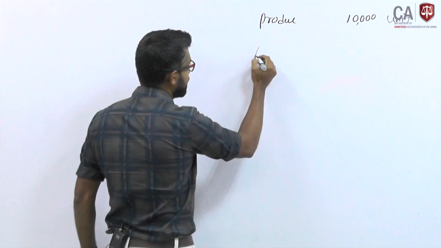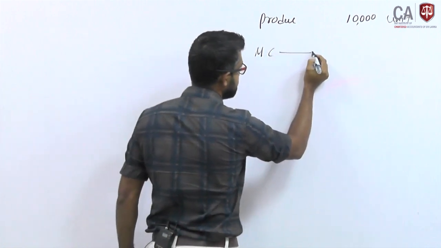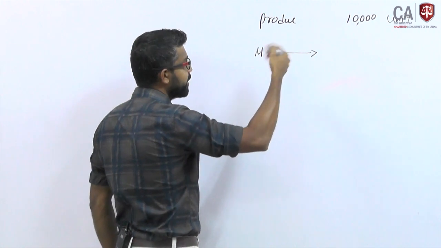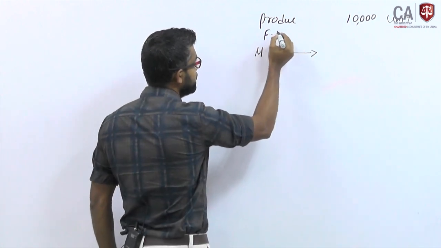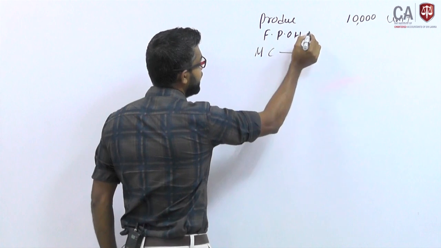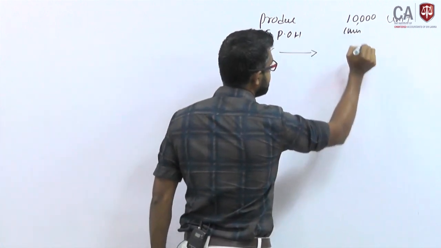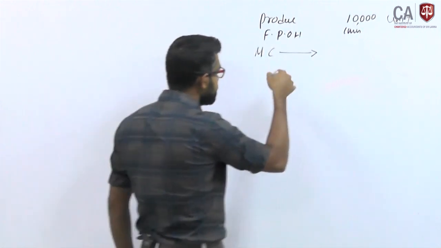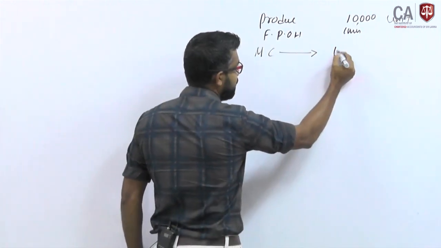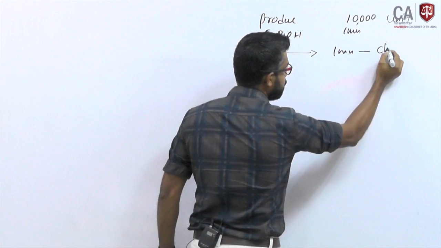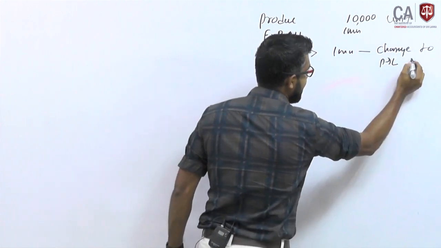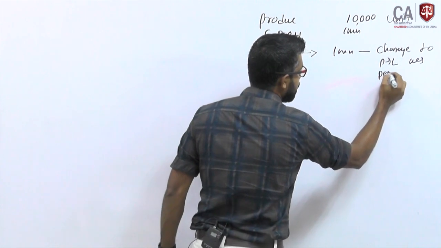In marginal costing, let us say during this period the fixed production cost overhead is 1 million. In marginal costing, this 1 million is charged to P&L as period cost.